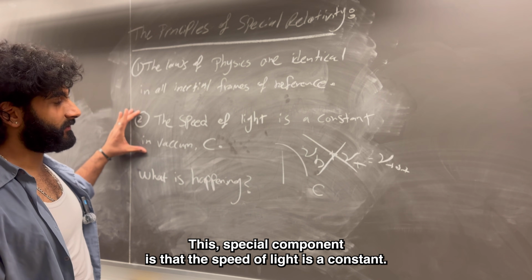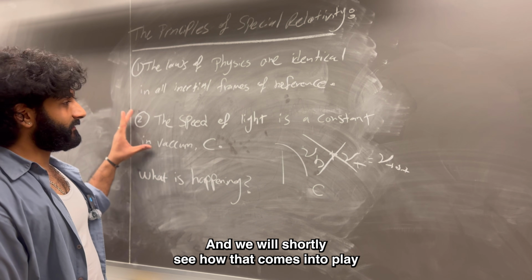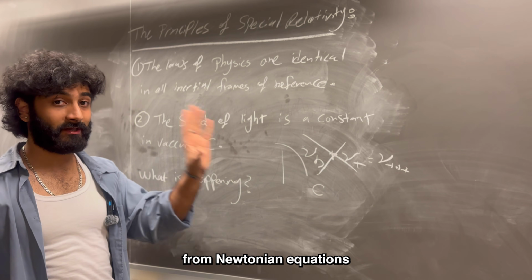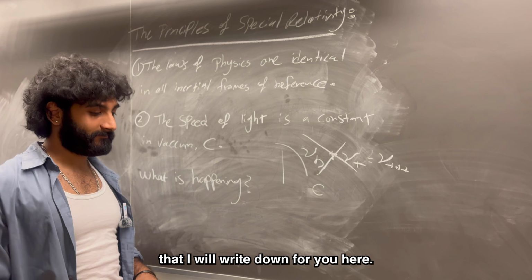This special component is that the speed of light is a constant, and we will shortly see how that comes into play from Newtonian equations that I will write down for you here.